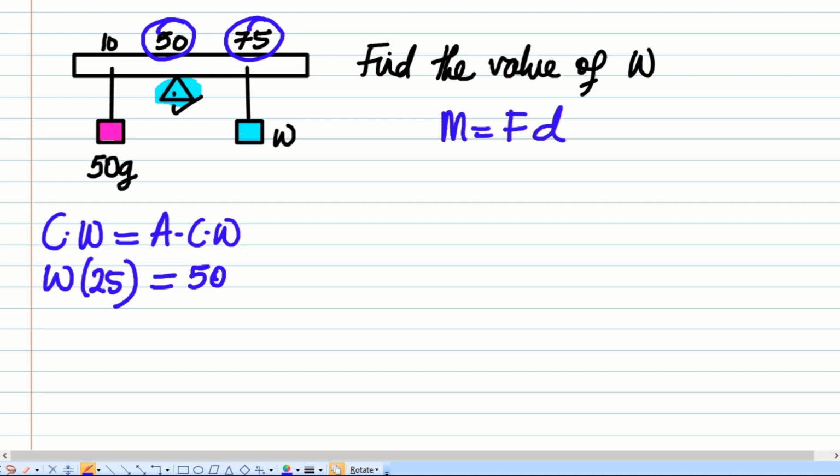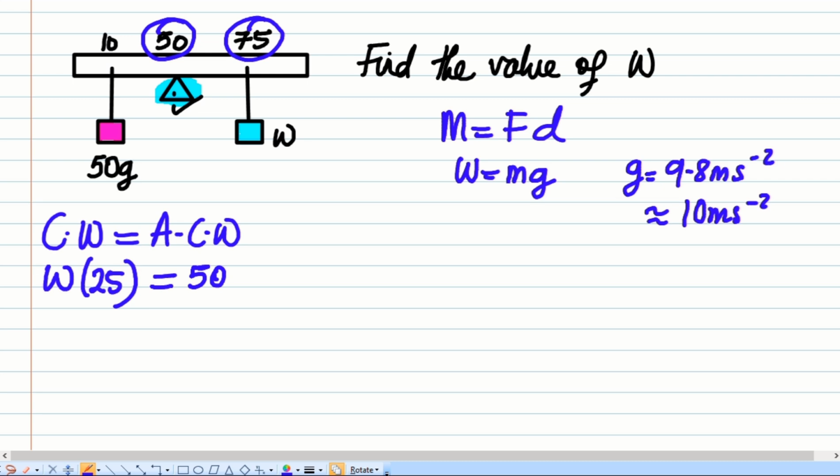So converting, just in case you want to do it, converting mass to weight is simply mass times acceleration due to gravity, which is g, and this g is 9.8 meter per second squared, or you can just approximate to 10 meter per second squared. All right, however, also take note that the mass must be in kilogram. But it's not necessary in this question. I can just solve in gram.